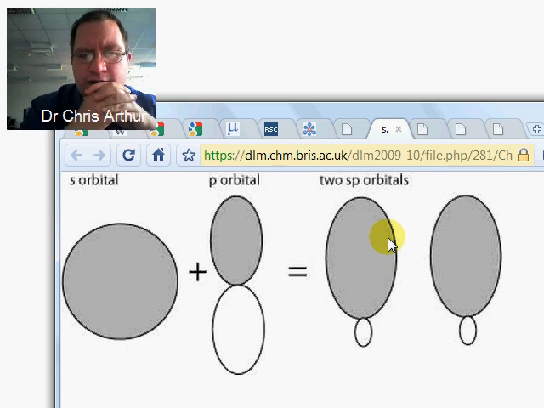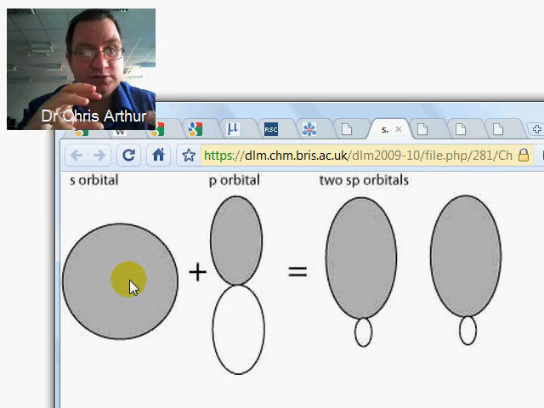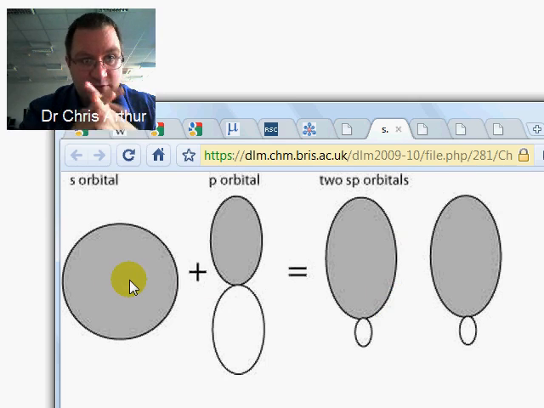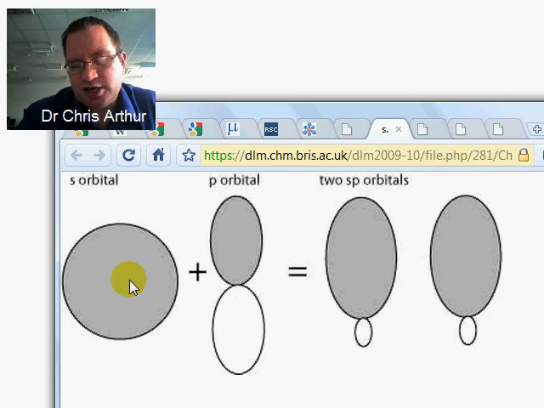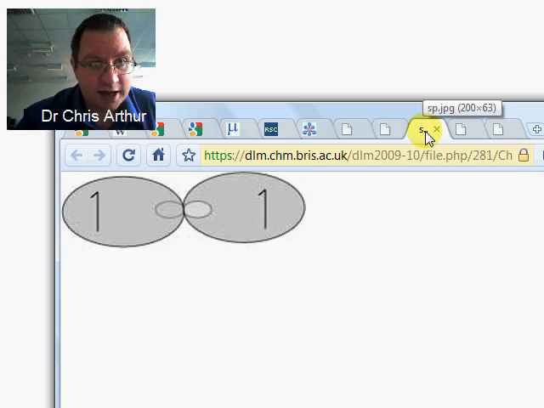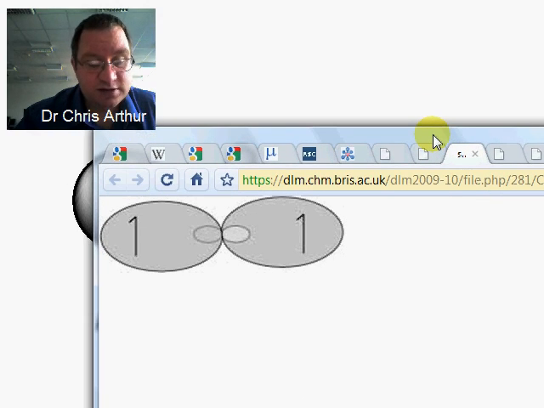Okay, now these orbitals, whereas the s and the p orbital were of different energies, these two orbitals have the same energy. Okay, they're degenerate, if you remember that word from the previous lecture. As they're degenerate, they want to get as far away from one another as possible, and they do that by arranging themselves linearly.